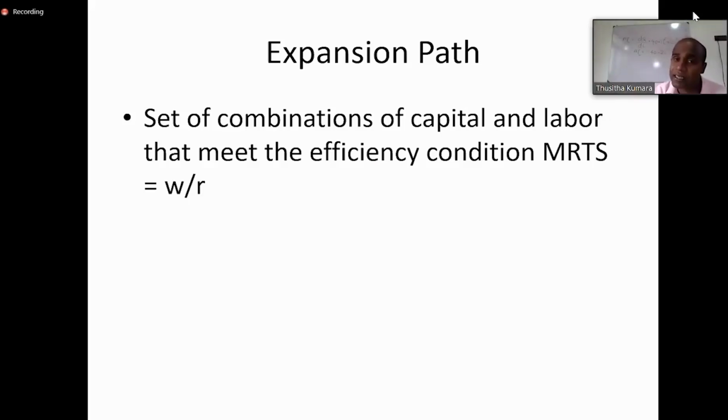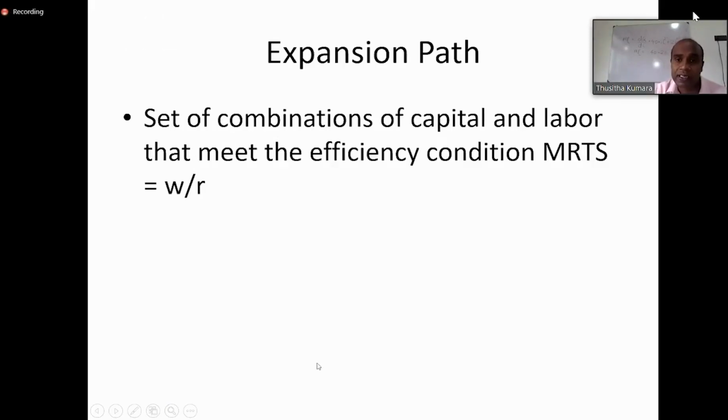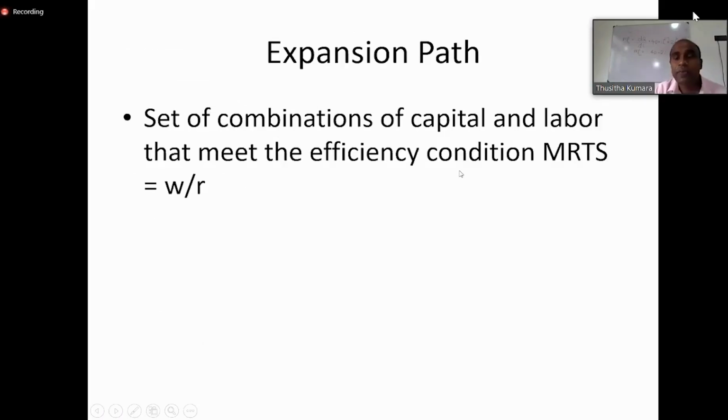Efficiency condition is MRTS equal to W by R. If you take any point here, K8, L10, K12, L14, K14, L16, all these points are efficient because they are satisfying this condition, MRTS equal to W by R. So we got this expansion path with the condition MRTS equal to W by R. Therefore, we say that expansion path is a set of combinations of capital and labor that meet the efficiency conditions.